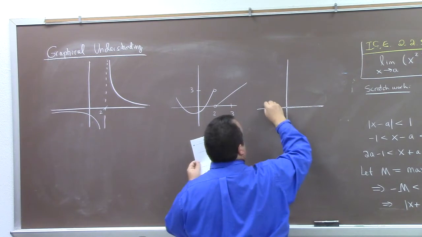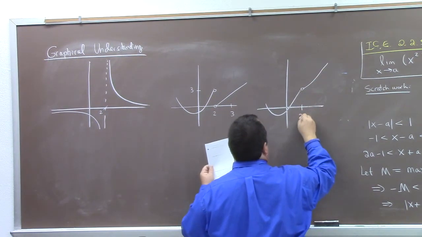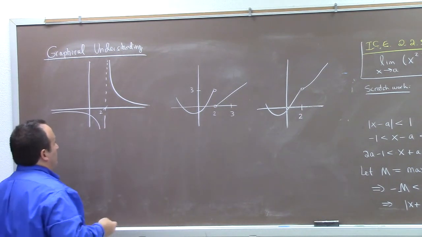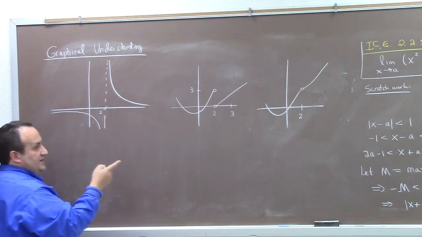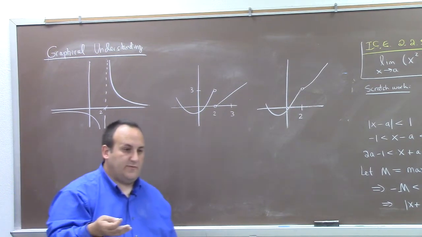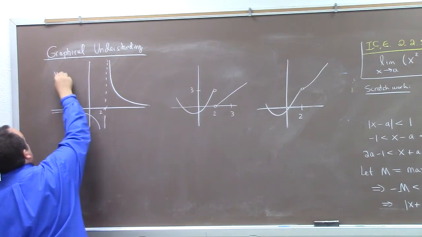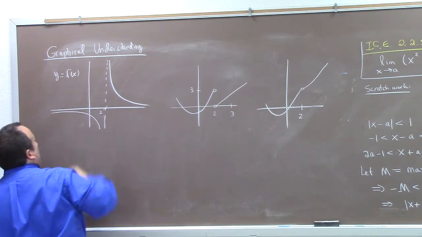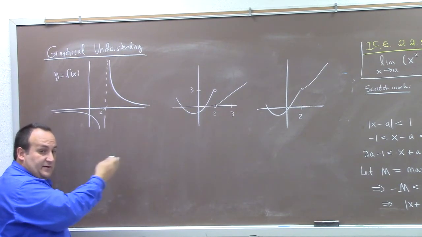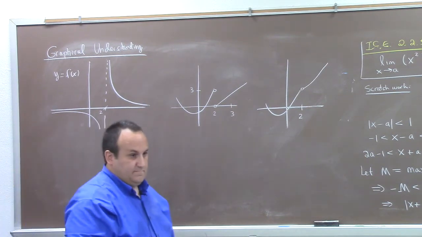So only one of these examples here has a limit at 2 which exists. So in each one of these graphs, 2 is an interior limit point of the function. I'm graphing y equals f of x in each case, all right? So 2 is a limit point in each one of these because 2 is in the interior of the domain. There are points to the left and to the right of 2.